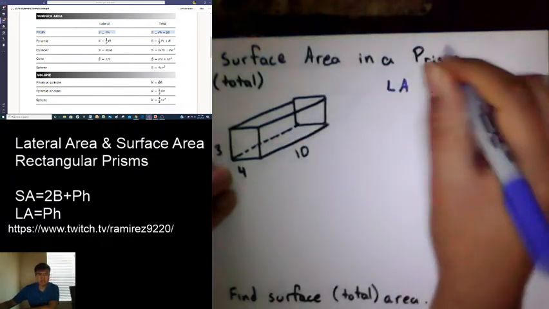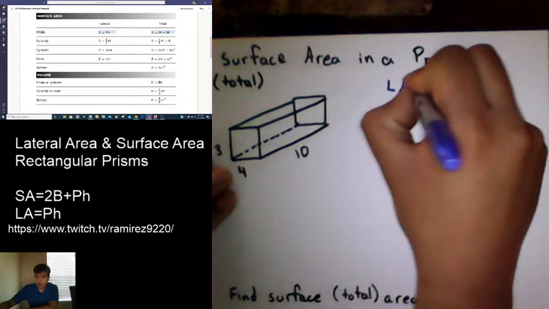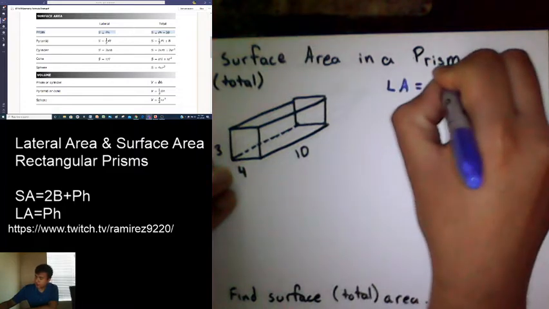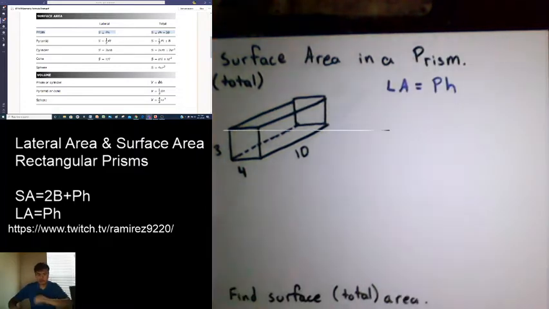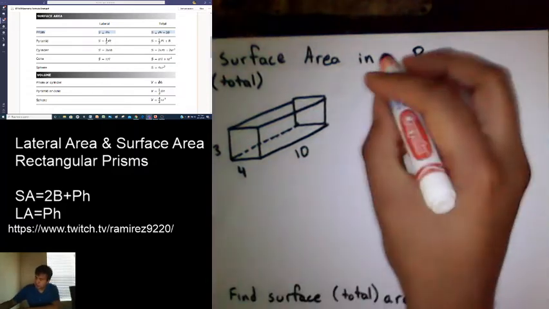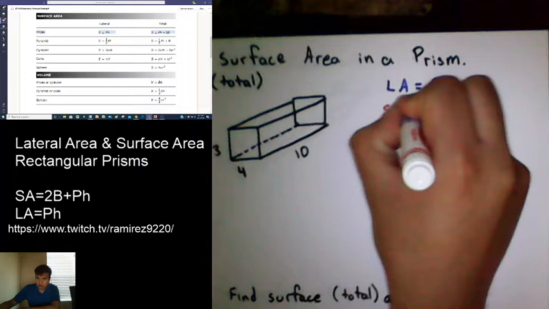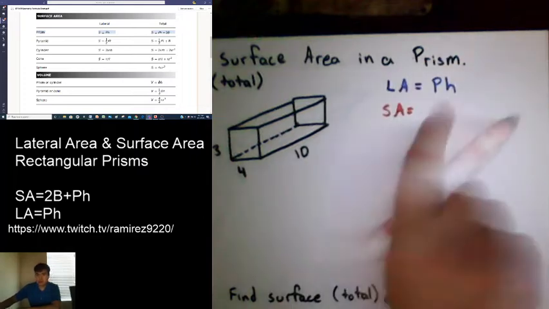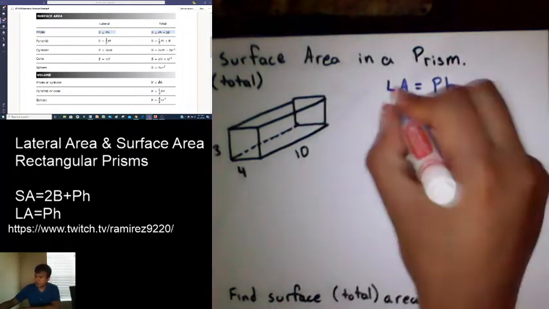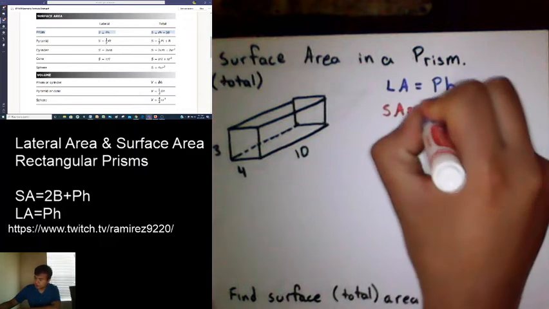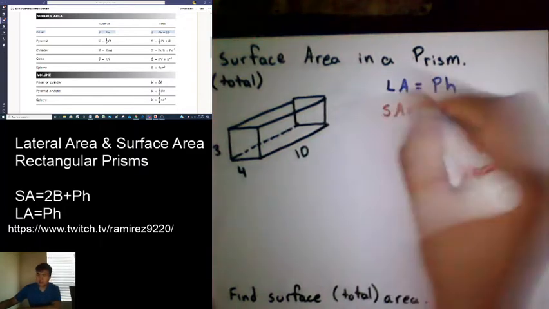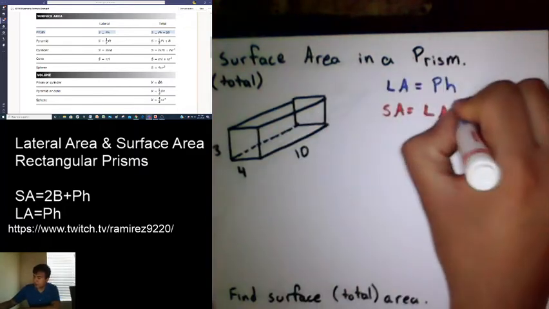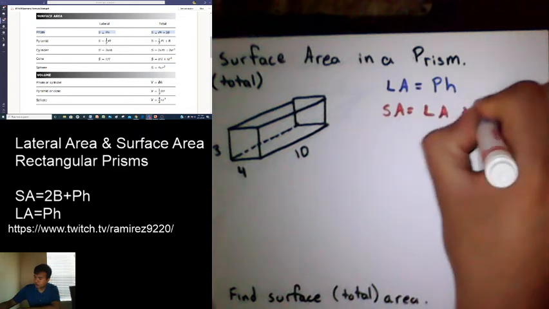LA for lateral area is perimeter times height, whereas surface area, aka the total, is Ph, but Ph really is just LA. So for now, I'm going to put LA here so you guys can see, plus 2B.